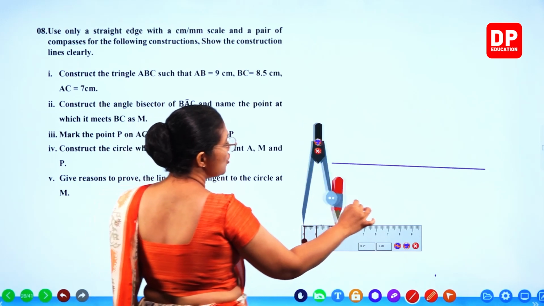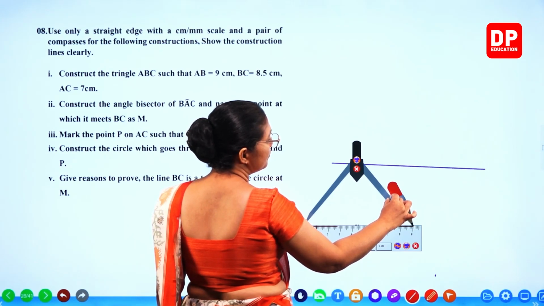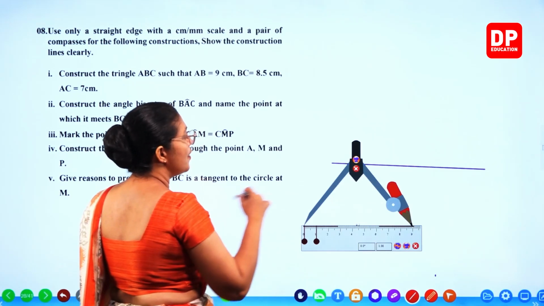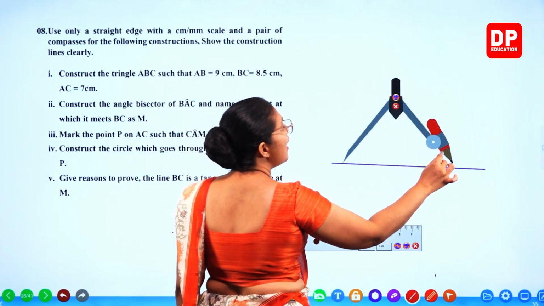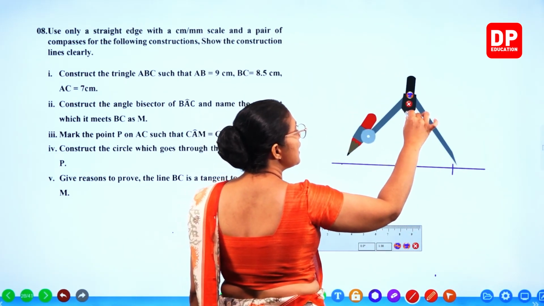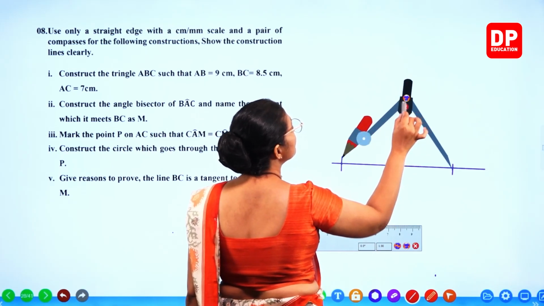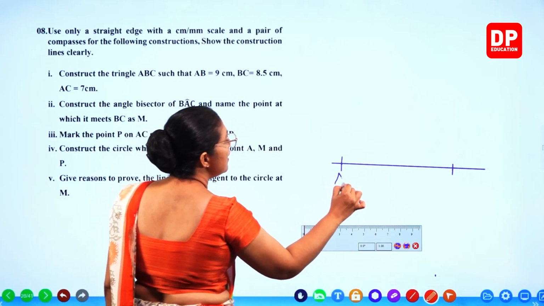So measure 9 centimeters first. So here to here. So you keep the compass on the line and mark the 2 points. That's A, B. So label that AB length.